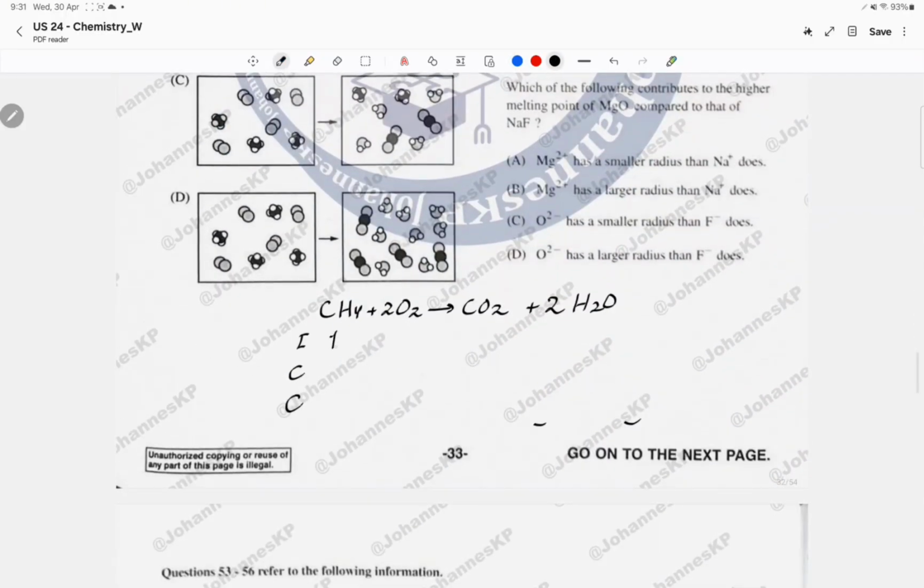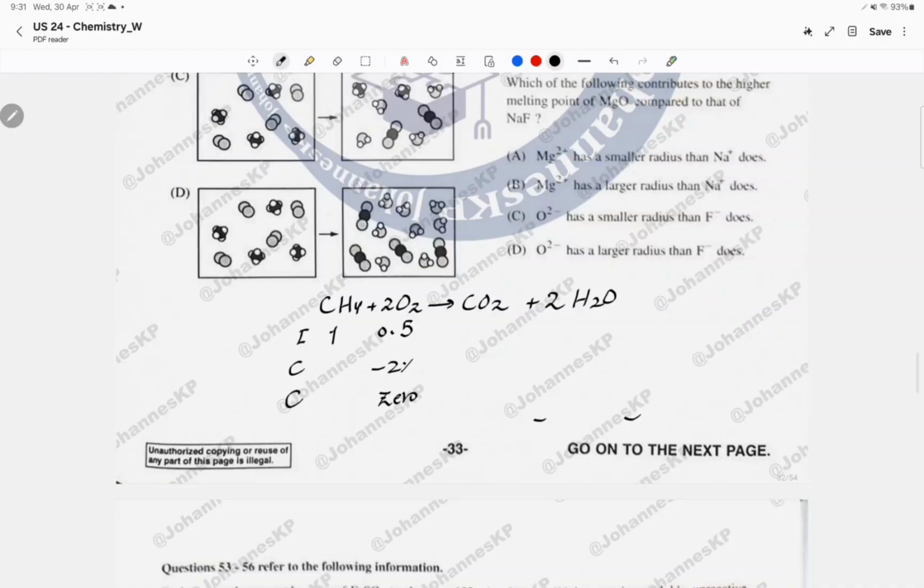So 1 and half. And O2 will become 0 because it is the limiting reactant. Okay, minus x, minus 2x, CO2 was 0, water was 0, plus x, plus 2x.